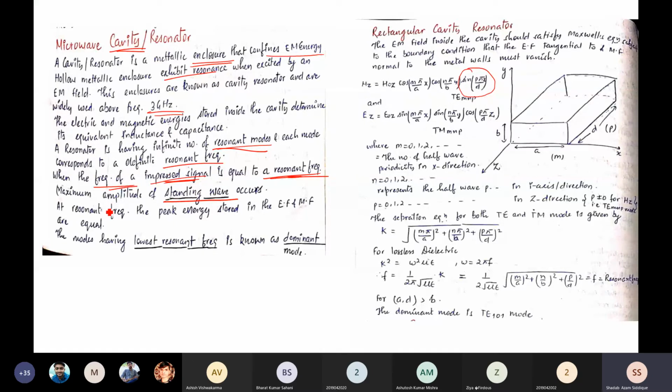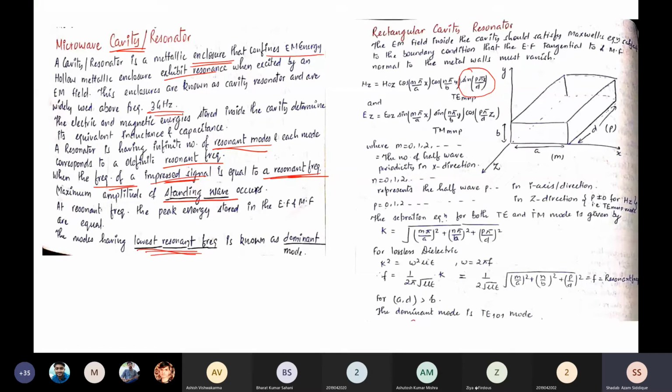The mode having the lowest resonant frequency is known as the dominant mode. There is no cutoff frequency here because the wave is not propagating; we have a standing wave, so we just check the resonant frequency.